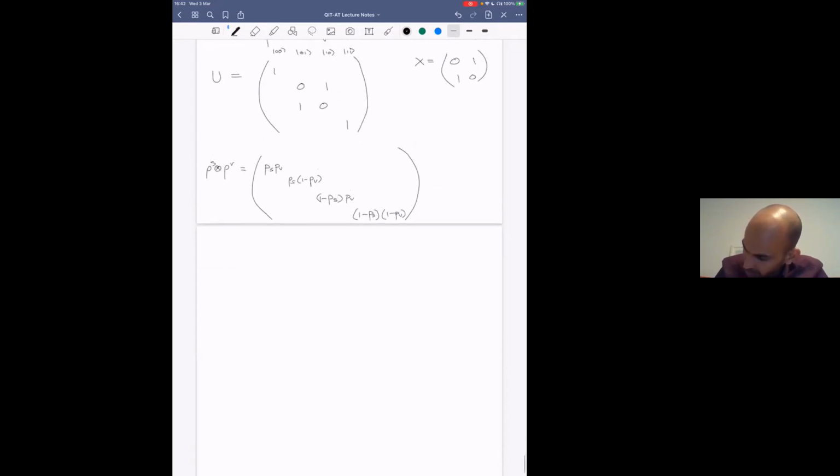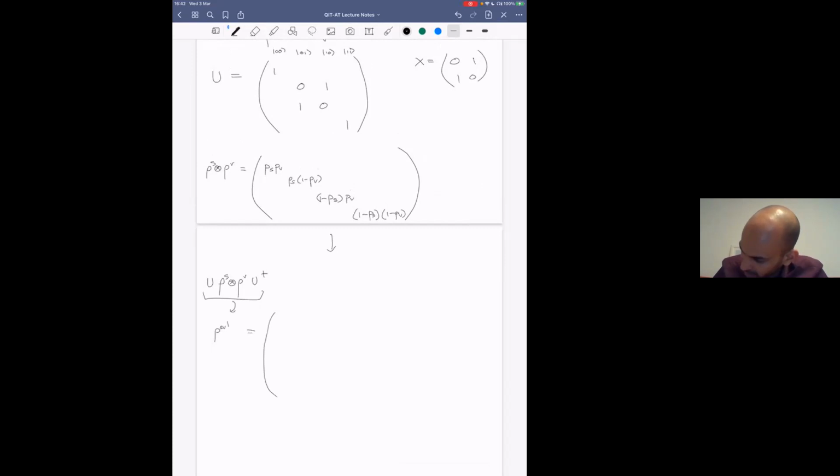And what this is going to result in, so if I look at U rho S tensor rho V U dagger, because this is the final state, this I can call rho, should have used subscripts, rho SV prime.